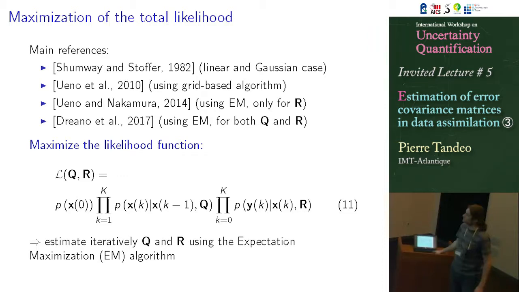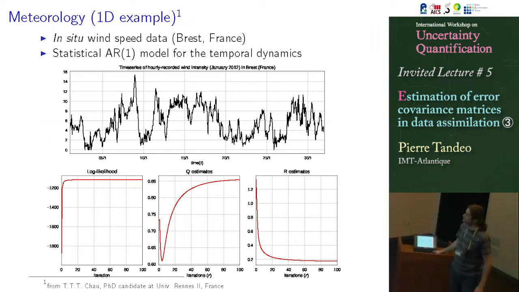Then we use what we call the maximization step. In this case, we have an analytic form for the Q and R matrices. At each iteration, we update the Q and R matrices, and it is quite robust in practice. For what I've tested of all the methods, I think this one is very relevant in data assimilation.